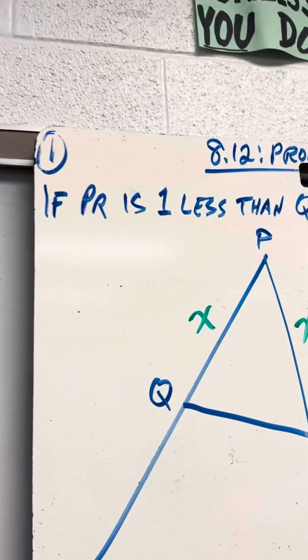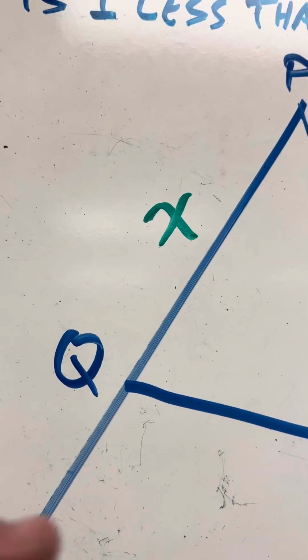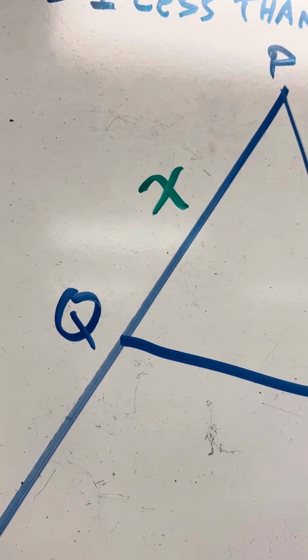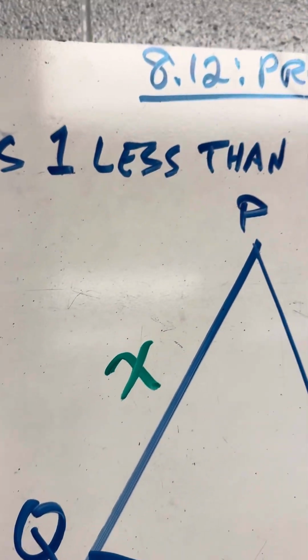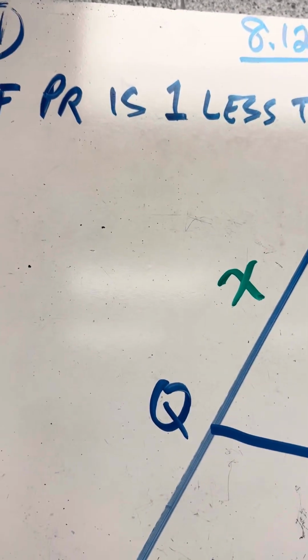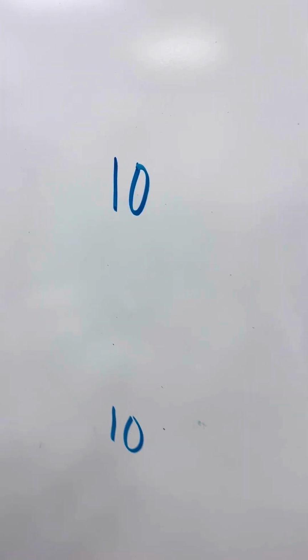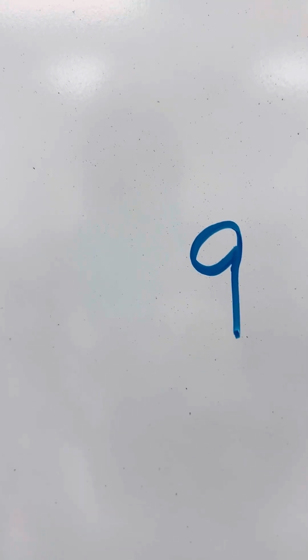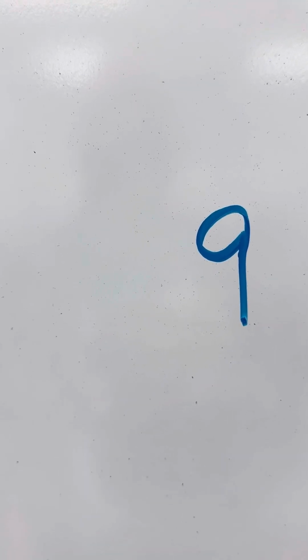I'm going to call QP, the distance from Q to P, X. It says PR is 1 less than QP. So let me ask you a question. The number 10, what's 1 less than 10? Wouldn't that be 9? How'd I get 9?